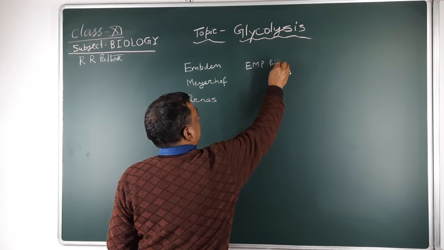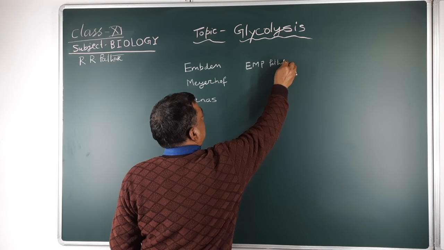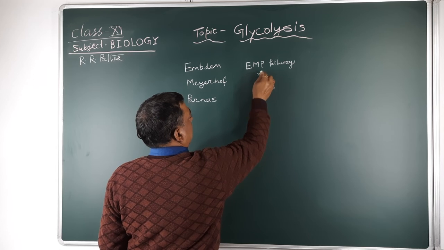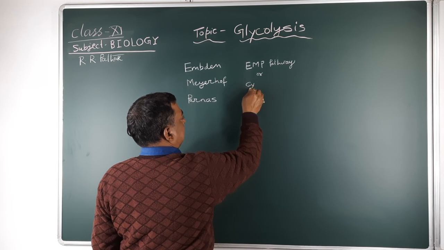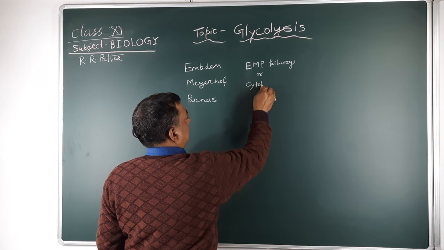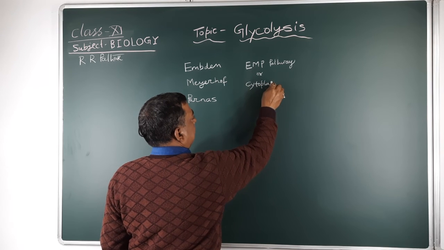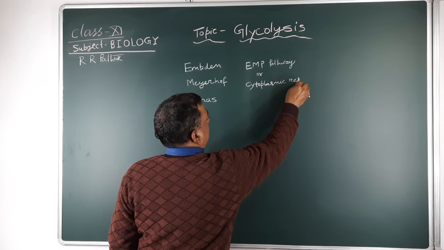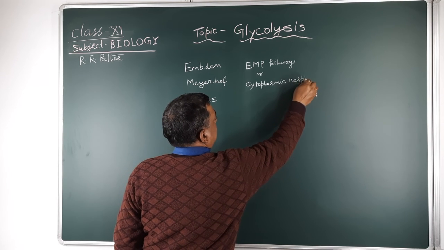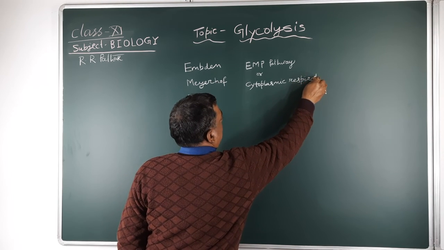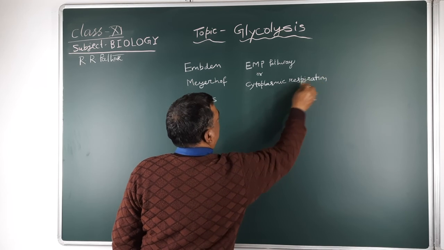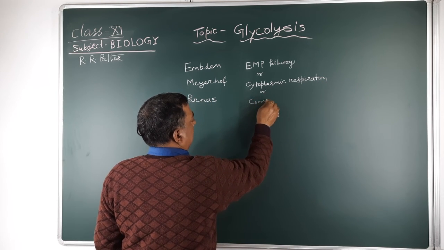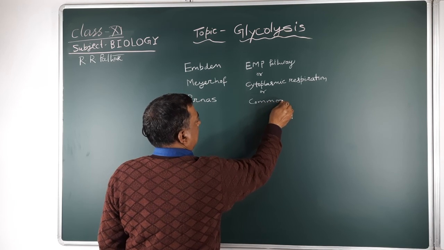It takes place in cytoplasm, so that is why it is also called cytoplasmic respiration. It is common in both anaerobic and aerobic respiration.